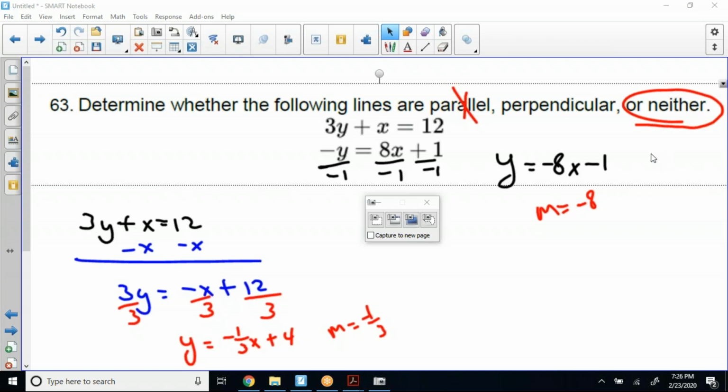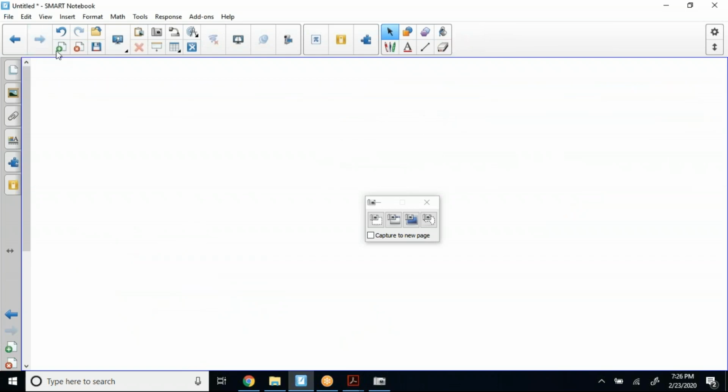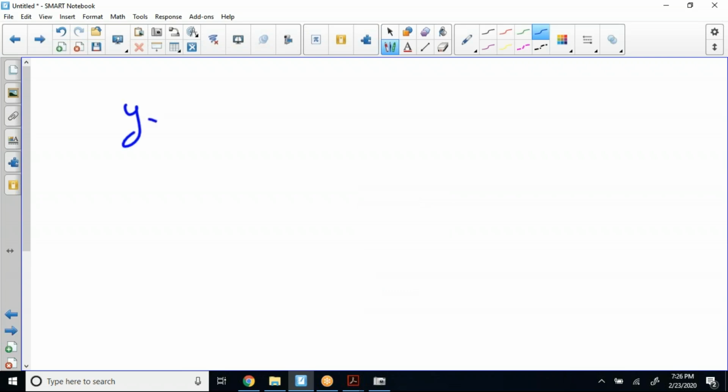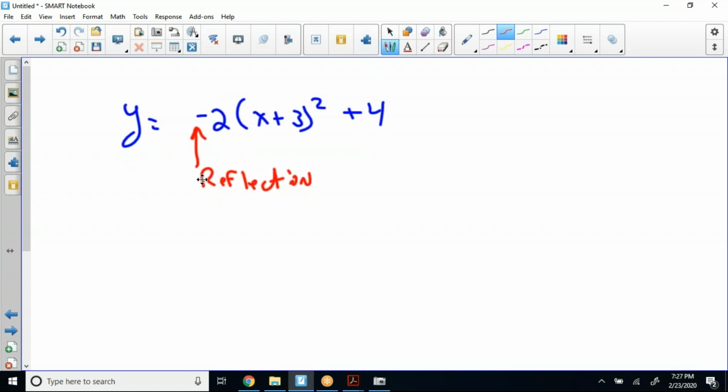Can we review transformations? Yeah. You'd want to know the transformations that I would make sure that I could do would have to do with this. So I'd make sure I could do it on a quadratic. If you walk it from left to right, this is going to be a reflection about the x-axis, right?